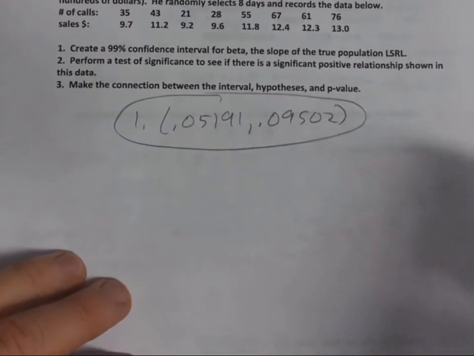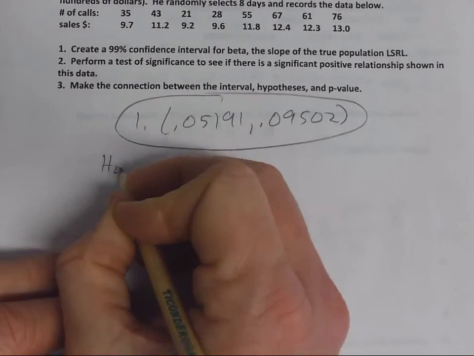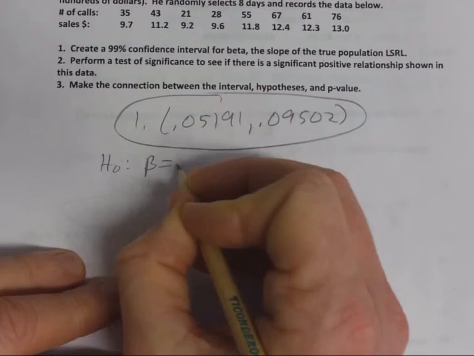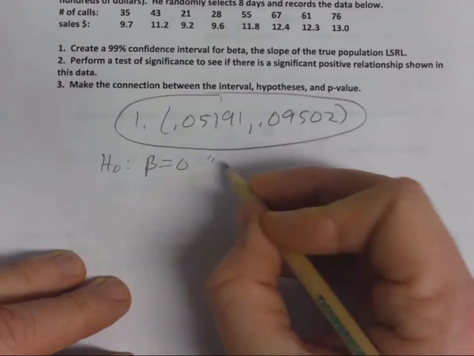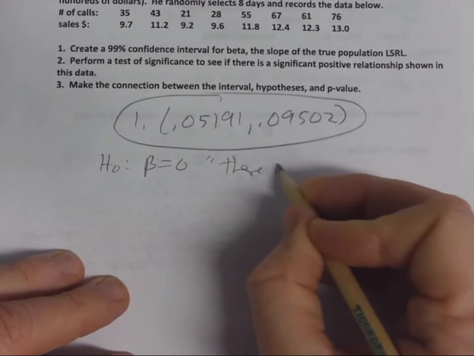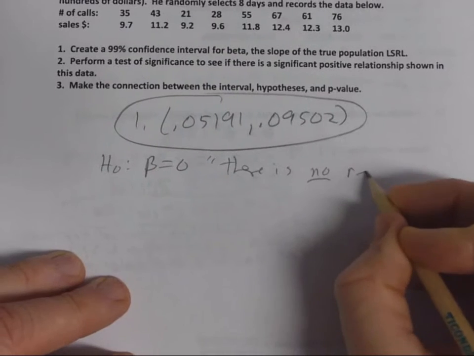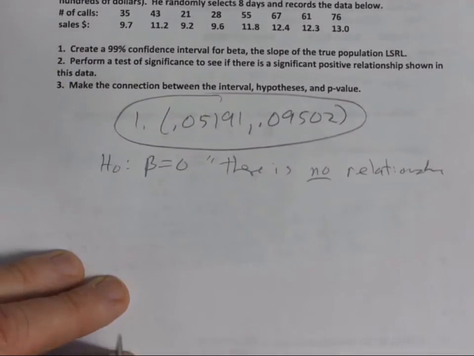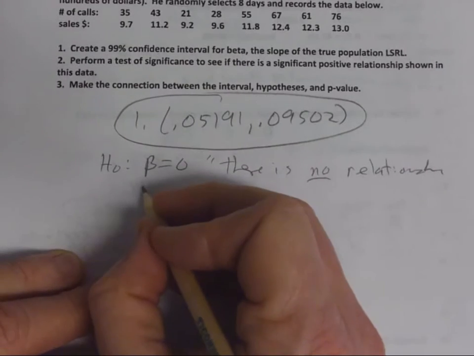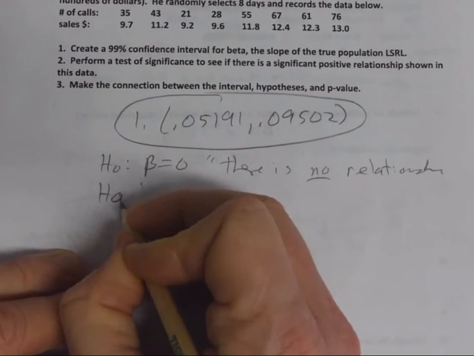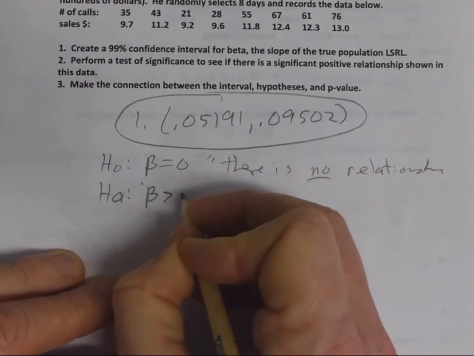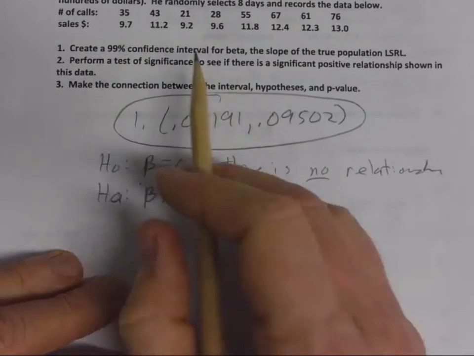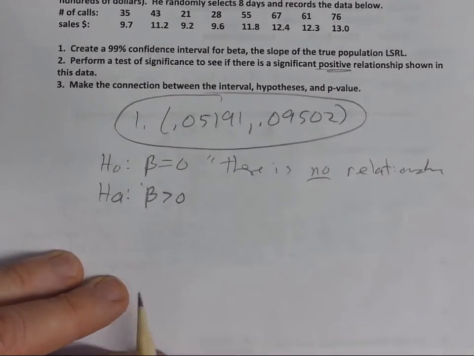All this stuff we did on the last example, but our null hypothesis is that beta is equal to 0, in other words, there is no relationship between the two variables, number of calls and sales for this company. And the alternative is what we suspect might be true, or what we're testing for, and that's greater than, because it says significant positive relationship.